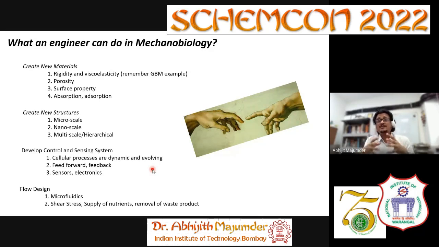So again, as chemical engineers, we can design various microfluidic devices, mimicking our lung, which we call lung on chip, or mimicking the heart, which we call heart on chip, liver on chip, brain on chip. Altogether, we call it organ on chip, and such devices and material designs are important to understand the basic functioning or the biology of our body, as well as to test drugs, to know which drug will work better for a specific patient.